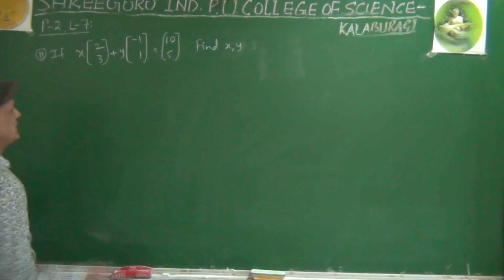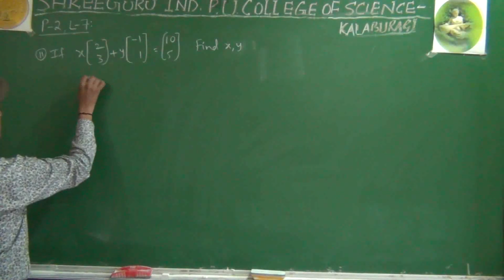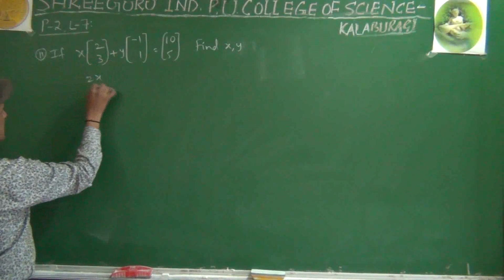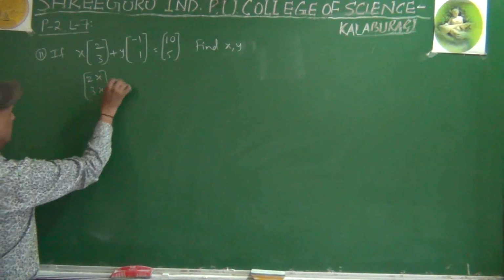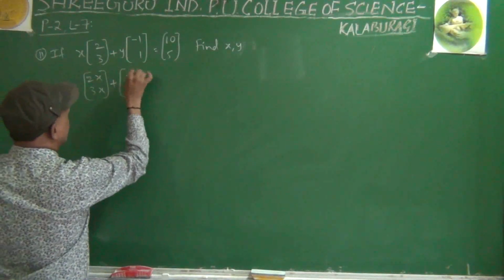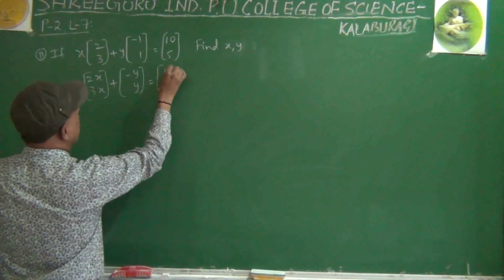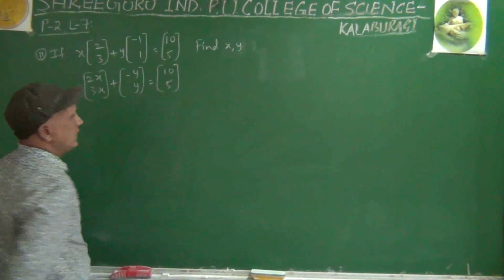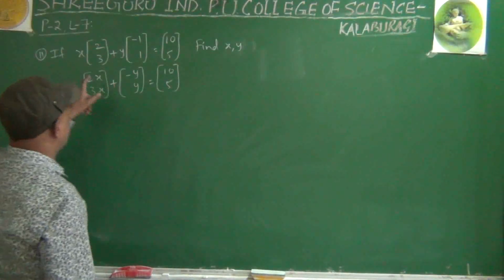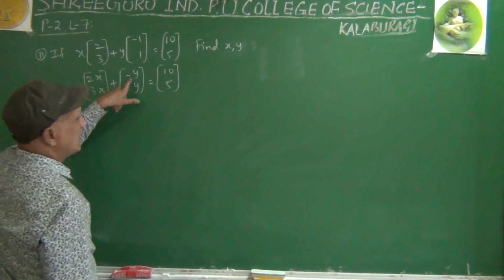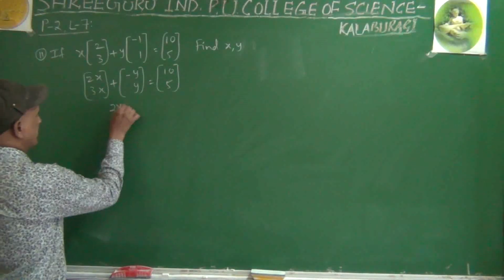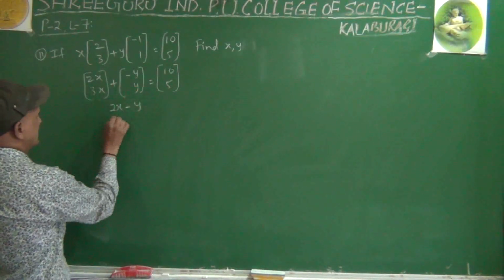What is there again? Same method. Multiply x into 2, 2x, x into 3, 3x, y into minus 1, minus y, y into 1, y, 10 5. Adding the two matrices, 2x minus y, 3x plus y.